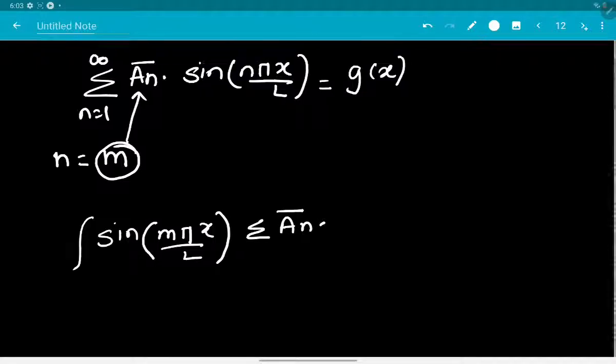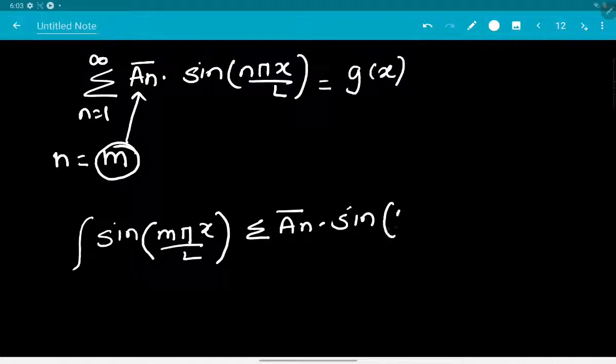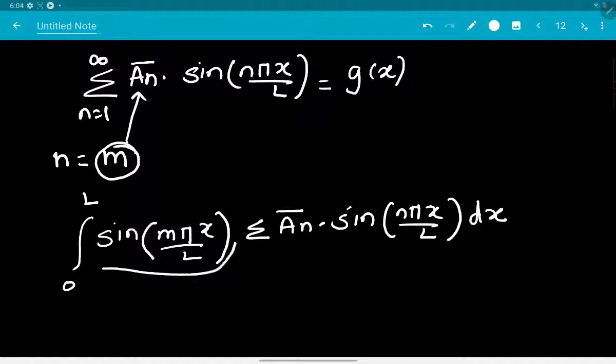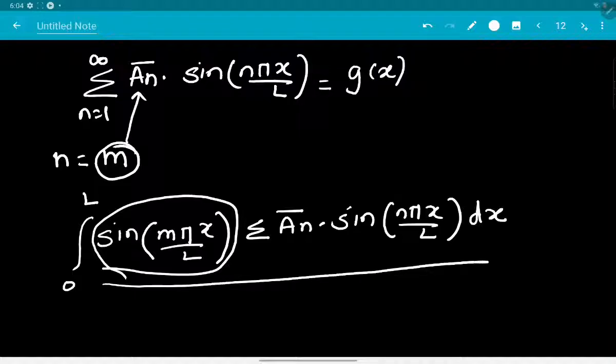This is a single equation, and integrating it from 0 to L. So I am multiplying by sine m pi x by L, and then I am integrating this entire equation from 0 to L. This is only one side of the equation, and the other side will also look like this.